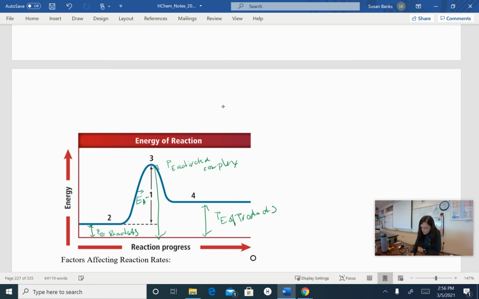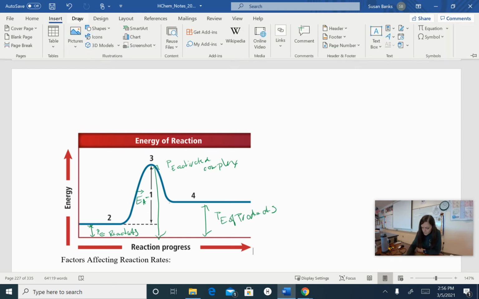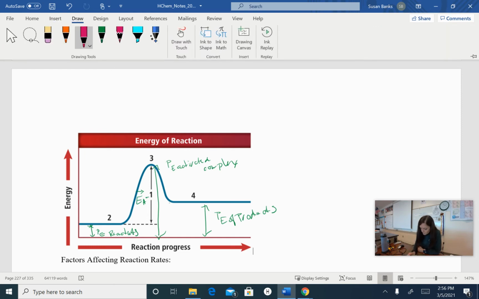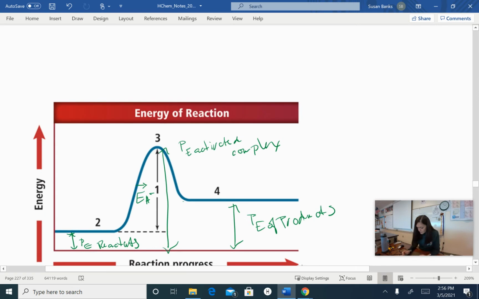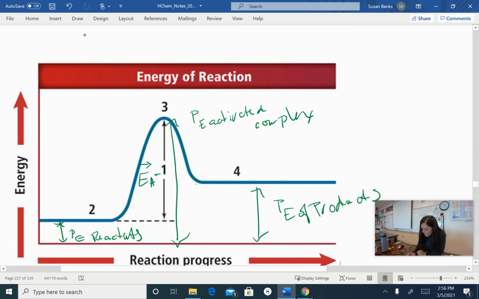If I wanted to do my activation energy of my reverse reaction, I'm going to see if I can make this bigger. I would have to kind of eyeball this. That would be this line. So this would be my activation energy of my reverse reaction.